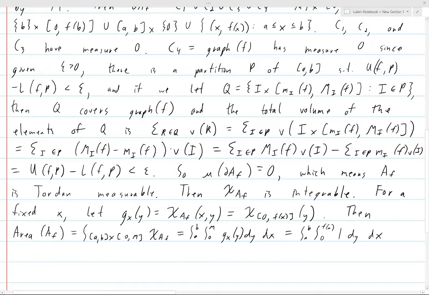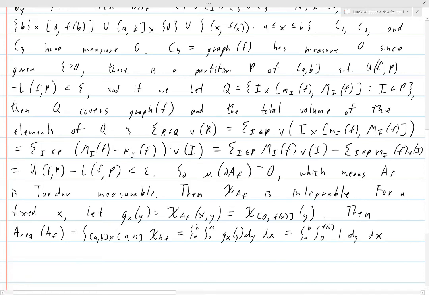And so if you want to do it calculus-wise, you take the antiderivative of 1, which is y, evaluate that at f(x), which is f(x), and subtract y evaluated at 0, which is 0, so you just get f(x). So this is the integral from a to b of f(x) dx, and that is exactly what we were trying to prove.